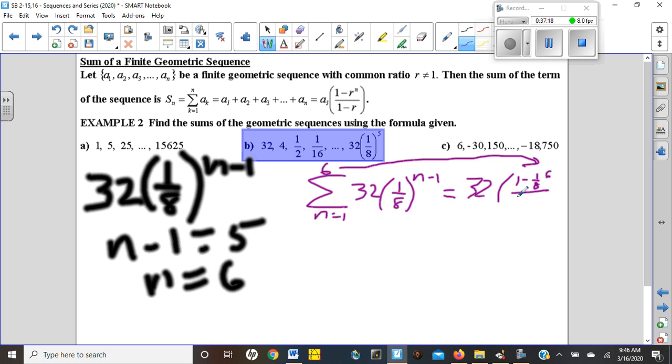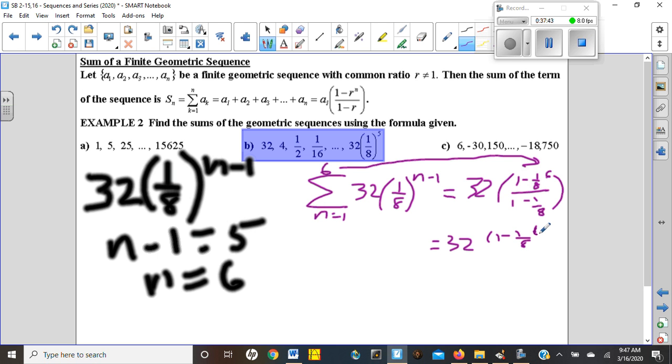Over 1 minus 1/8. So despite what Mr. Moore has told you about fractions being your friends, we know that fractions always make things a little bit more of a pain. This is going to be 32 times whatever 1 minus 1/8 to the 6th power is.